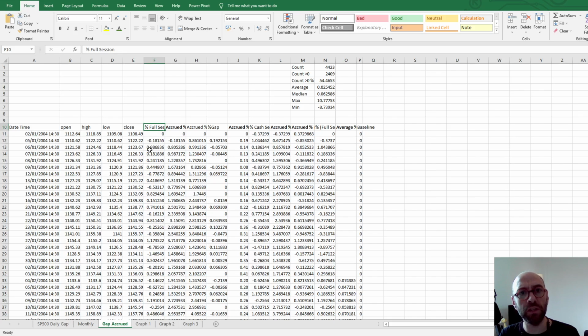So I've calculated the percentage for the full session. For the full session, I've calculated from the open of the previous day to the open of the current day. And then I've done another column G where I've accrued, transported the gain of each day and summed that up all the way.